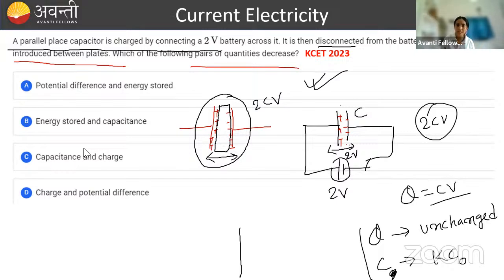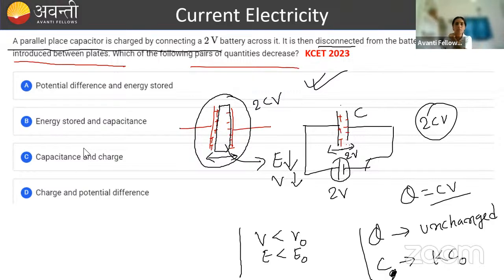When you keep a dielectric here, the electric field between the plates will get affected. It will decrease. So potential will decrease. Done. So V will be less than V naught, and electric field will be less than E naught.